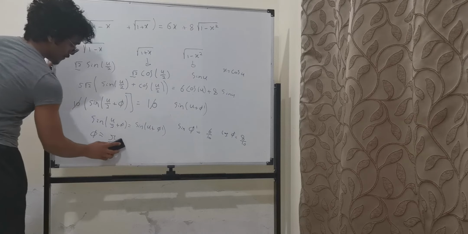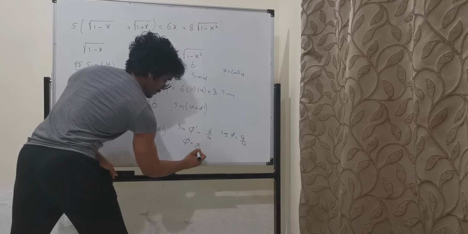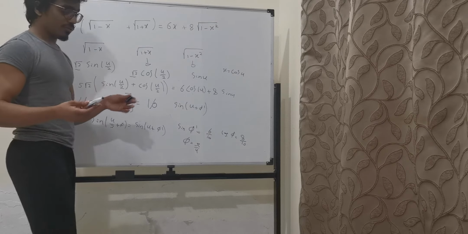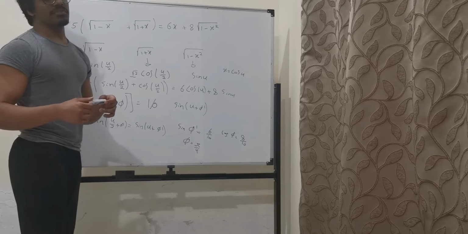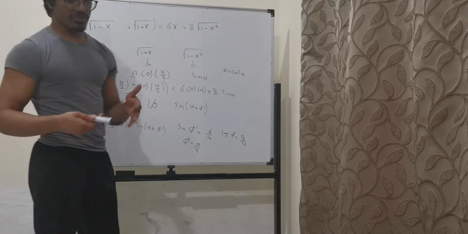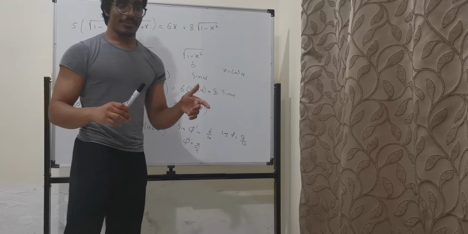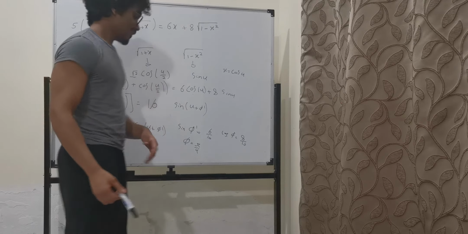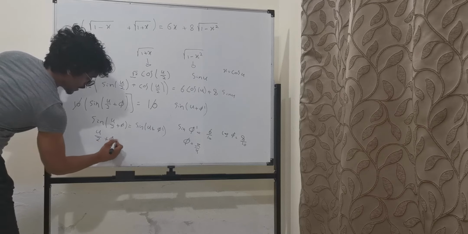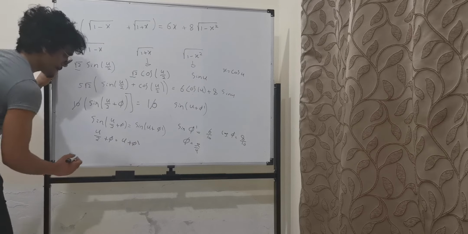So phi is equal to pi over 4. Since we just want to find a solution, we can restrict ourselves to the first quadrant. And we know that sine in the first quadrant is a monotonic function. So u divided by 2 plus phi has to be equal to u plus phi prime.